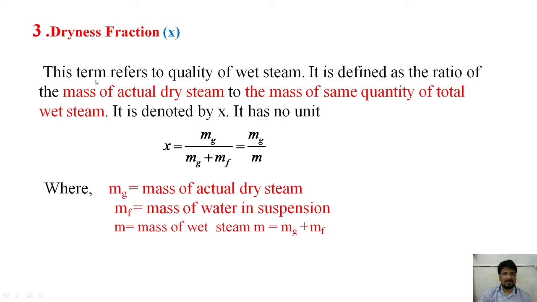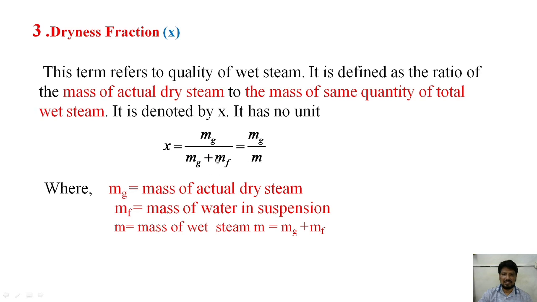So this term refers to the quality of wet steam. It is defined as the ratio of the mass of actual dry steam to the mass of the same quantity of total wet steam, and is denoted by small x. It has no unit; it is unitless. Mathematically, x is equal to mg divided by mg plus mf, which is equal to mg by m.